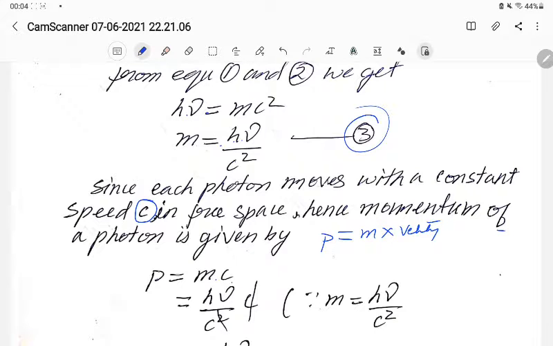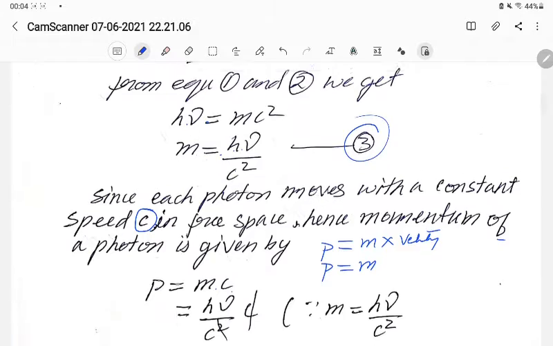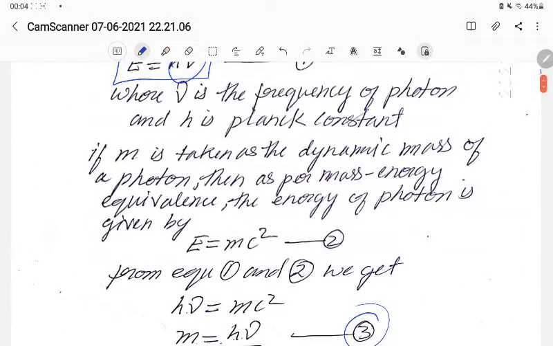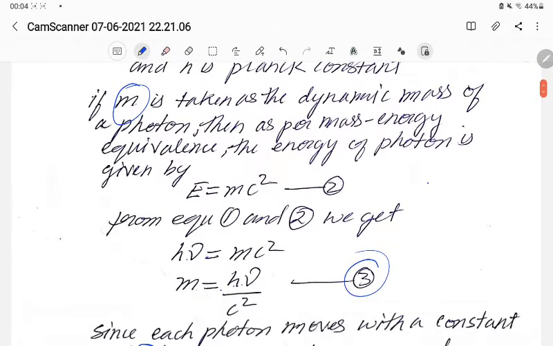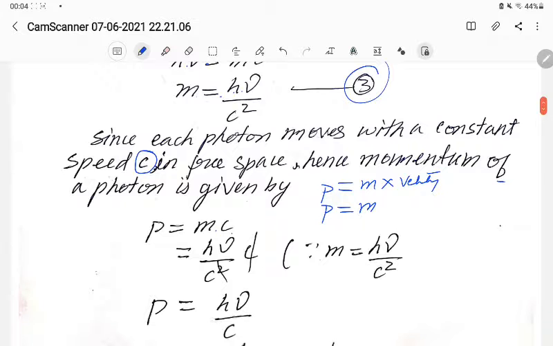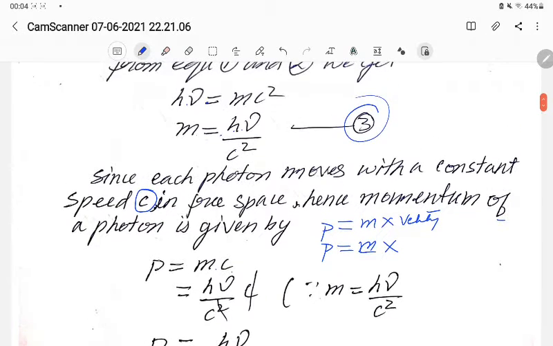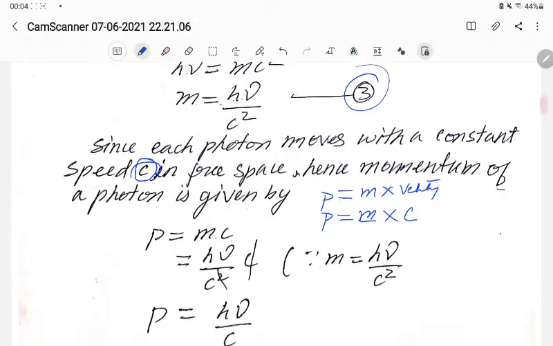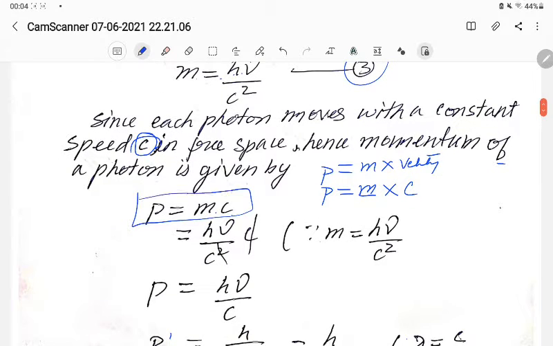So momentum of photon equals mass of photon, if m is taken as the dynamic mass of a photon, into velocity. Velocity of photon means velocity of light, so it is c. So mc is the momentum of photon.